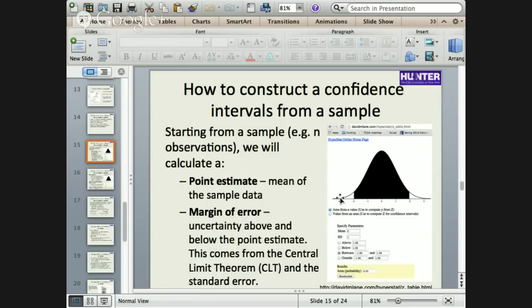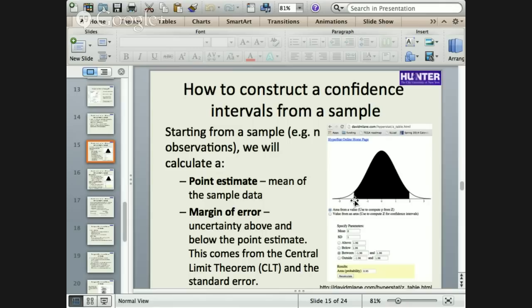But essentially, just to give you an intuitive idea of what it means, this is your sampling distribution. You're just going to take the area in the middle that accounts for whatever confidence you want. So if you want a 95% confidence interval, this is what it's going to look like.